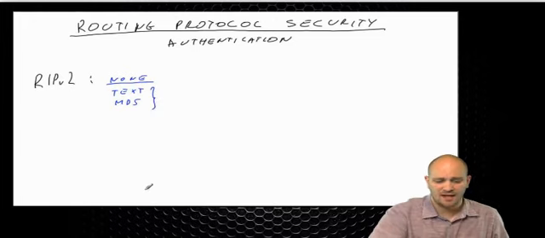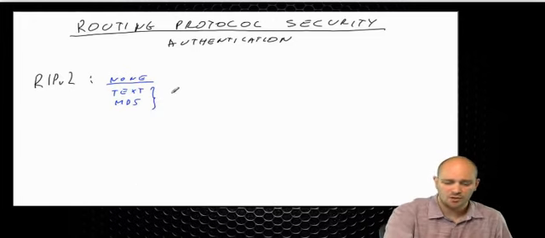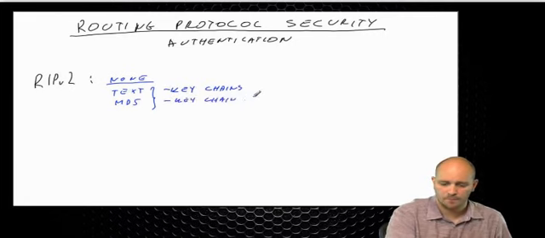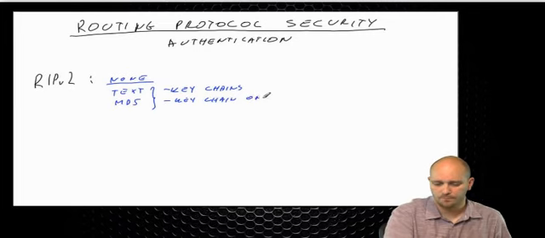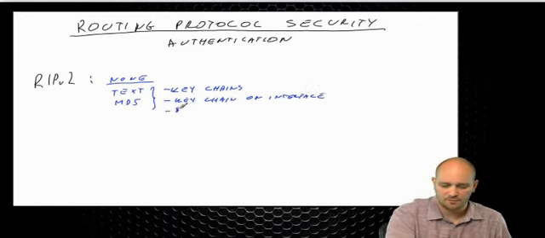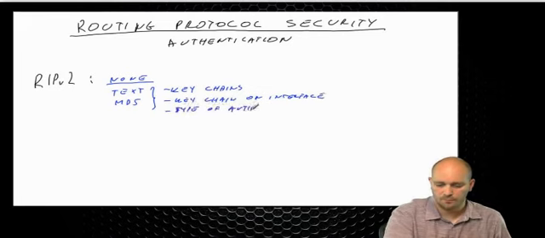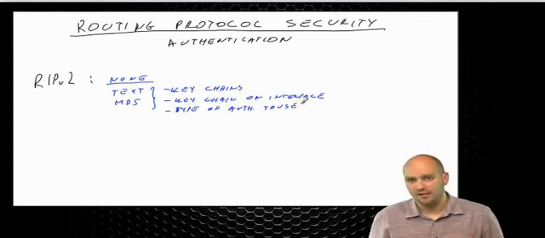Now, for the text and MD5 authentication, I should point out that you are expected here to create the keychains and then reference the keychain on the interface. And finally, specify the type of authentication to use. Okay, so this should be relatively straightforward.